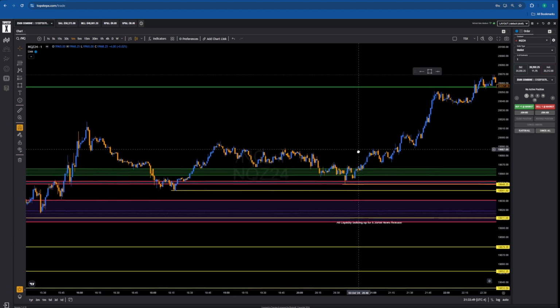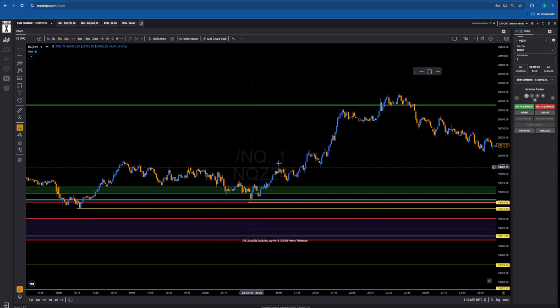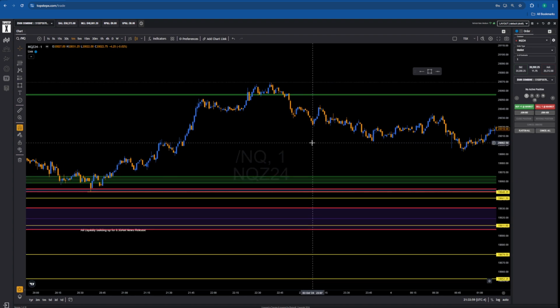So we kind of attach that, and then we're gonna just keep observing, because the midnight open of the previous day will be around here. So you see the way it's kind of reacting at both levels.